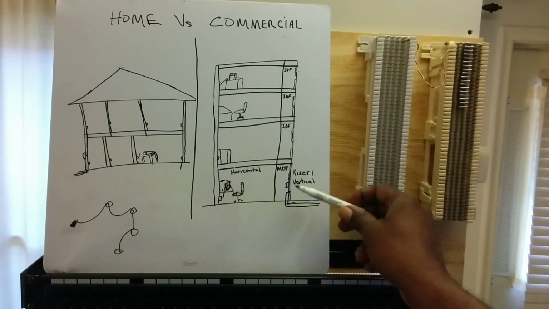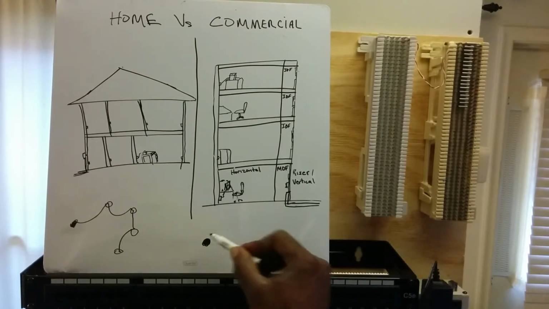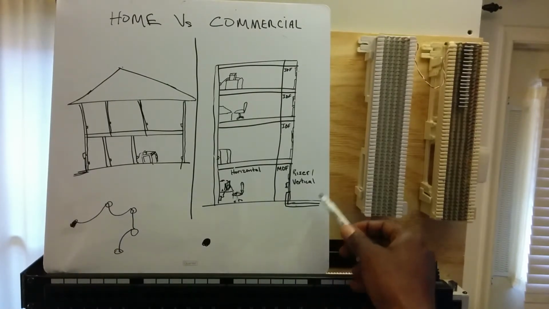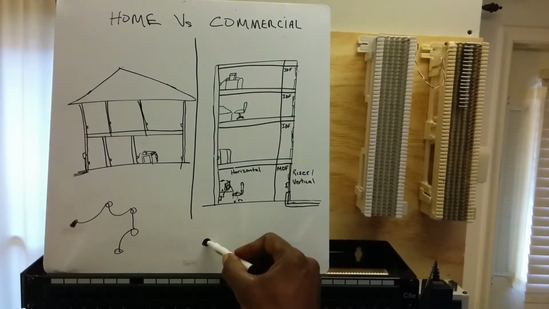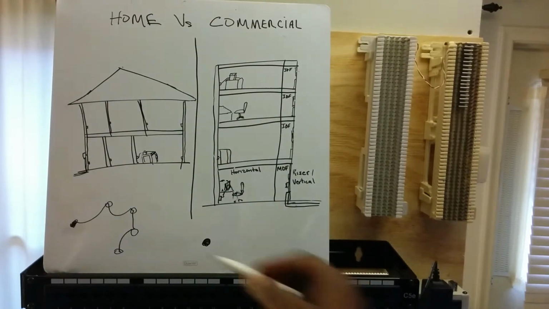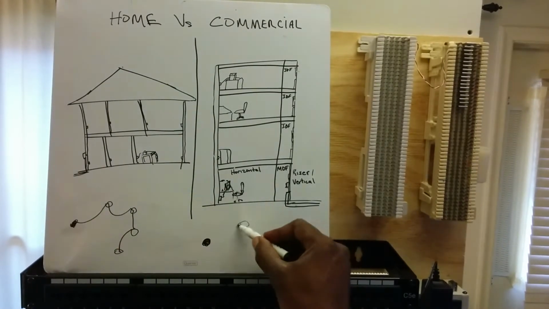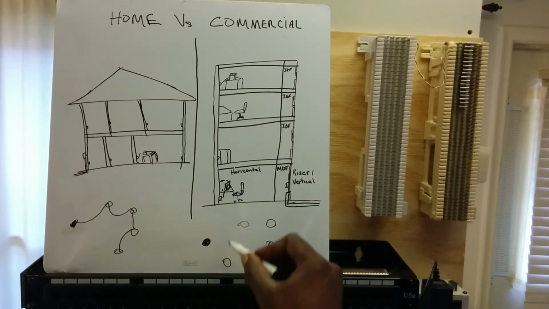You will have, let's say, this is our analog phone connection, like we had over here coming in. Usually it wouldn't be the same as a home, where on each jack you connect the same thing.